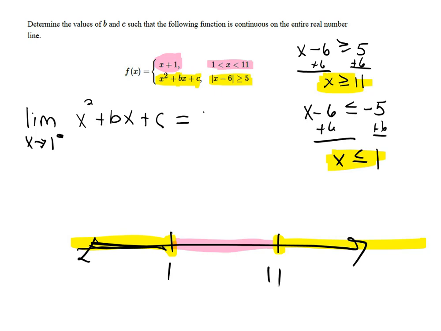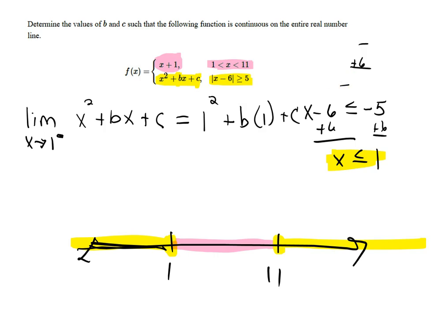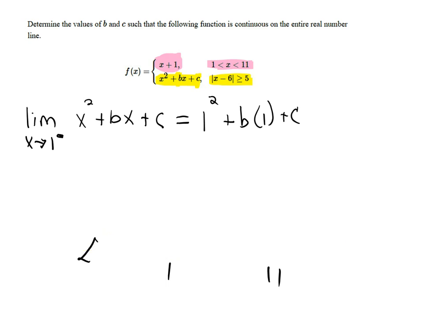So I would have 1 squared plus b times 1 plus c, and of course this would simplify to be 1 plus b plus c.